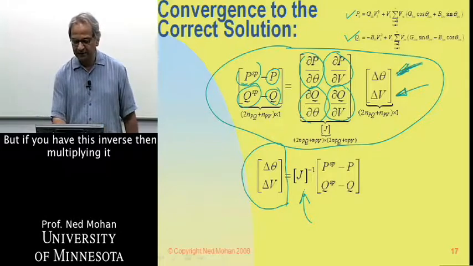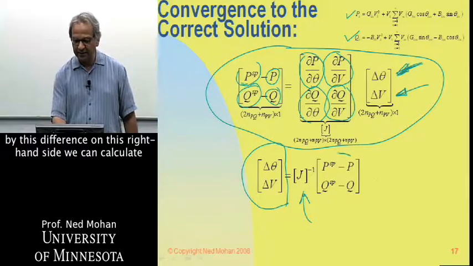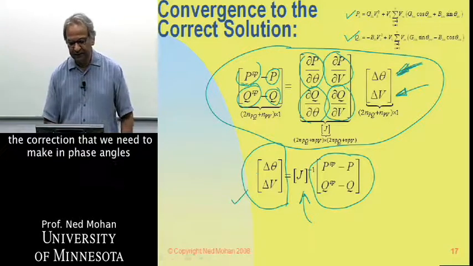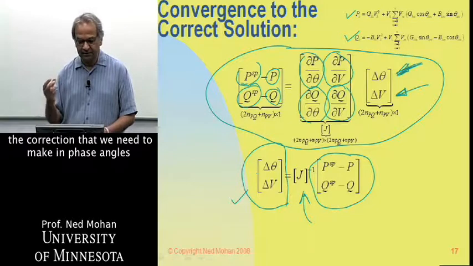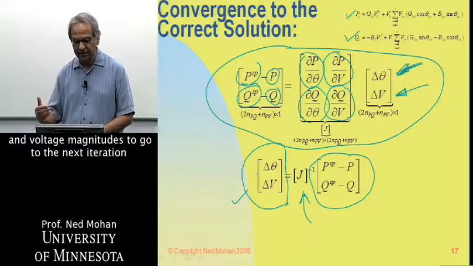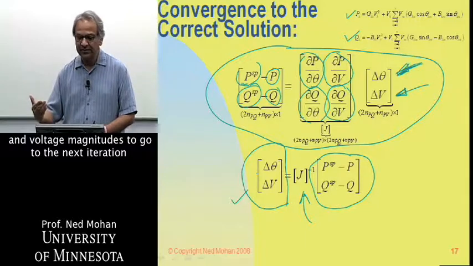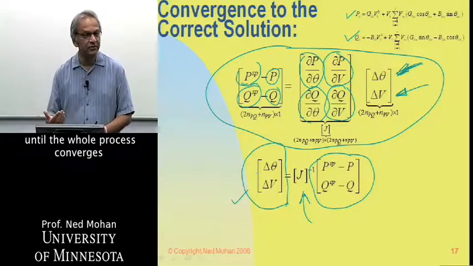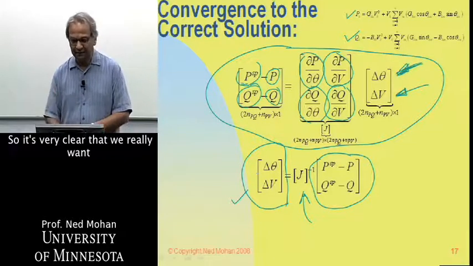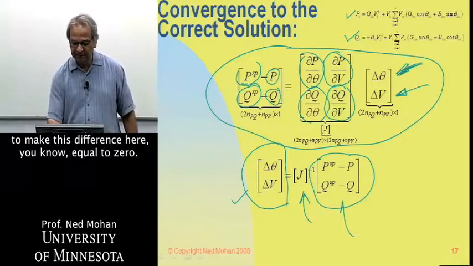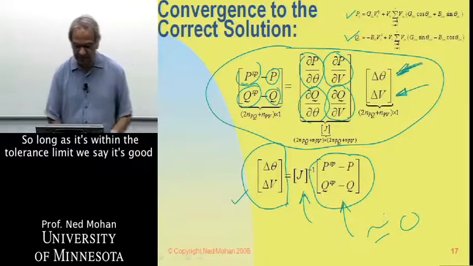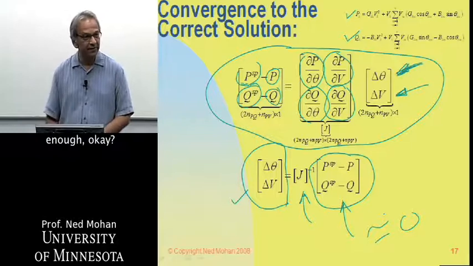But if you have this inverse, then multiplying it by this difference on this right-hand side, we can calculate the correction that we need to make in phase angles and voltage magnitudes to go to the next iteration till the whole process converges within a tolerance limit. Okay, so it's very clear that we really want to make this difference here equal to 0. So long as within a tolerance limit, we say it's good enough. Okay, and that's our solution.